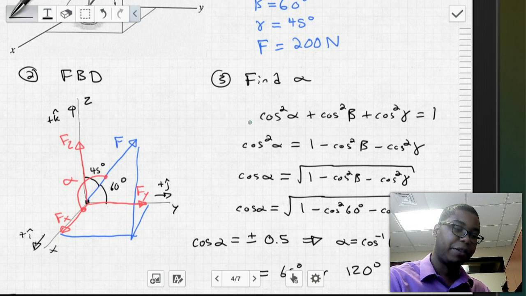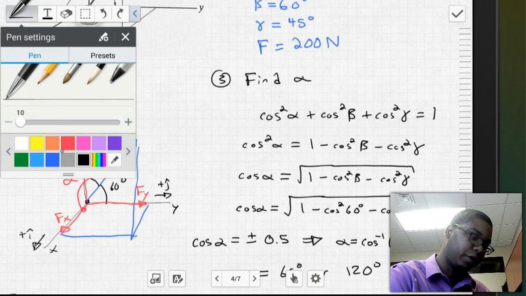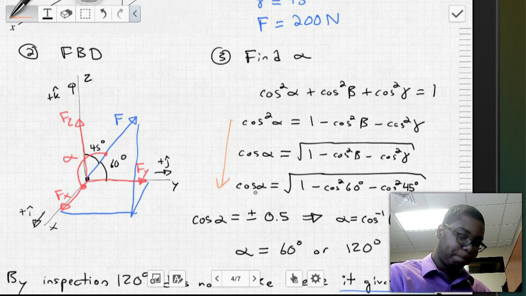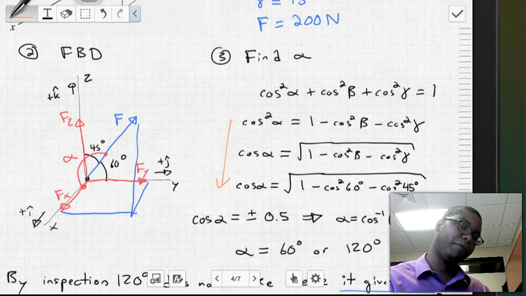If we take this equation and rearrange it trying to solve for alpha, we can do the relevant steps here to get to cosine alpha is equal to the square root of 1 minus cosine squared 60 degrees minus cosine squared 45 degrees.